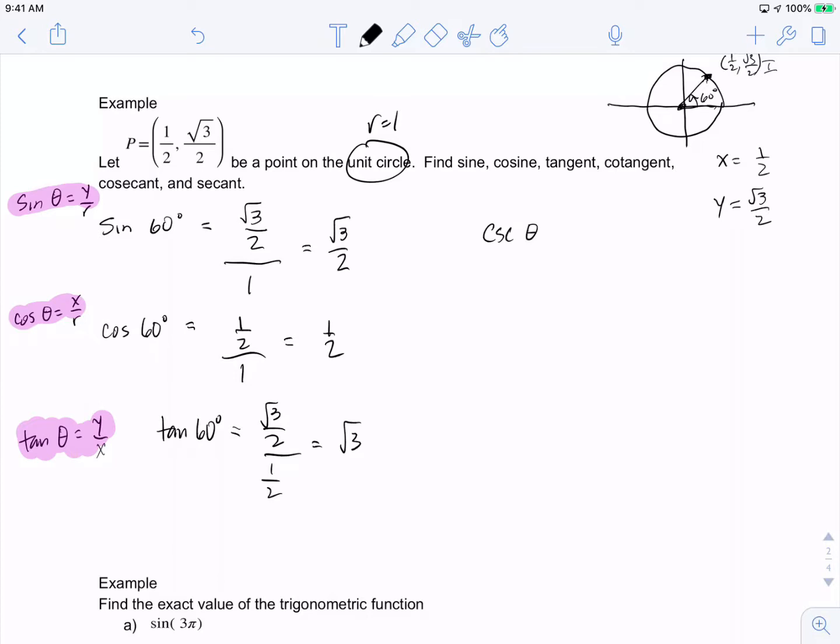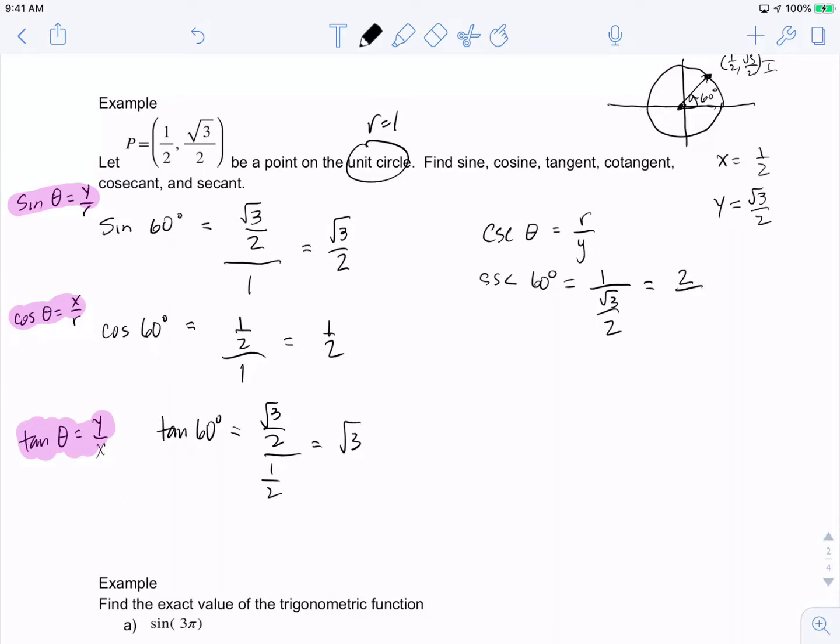Cosecant theta is the reciprocal of sine, so it's the radius over y. So cosecant of 60 degrees is going to be 1 over radical 3 over 2, which is the same as multiplying by the reciprocal.